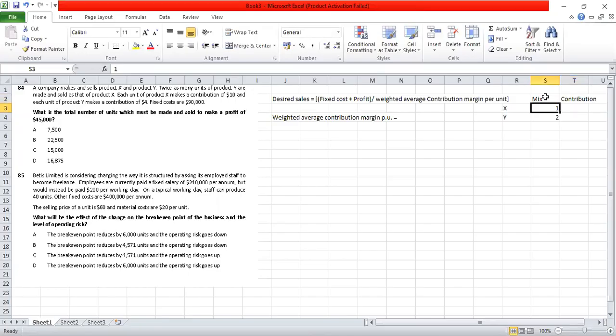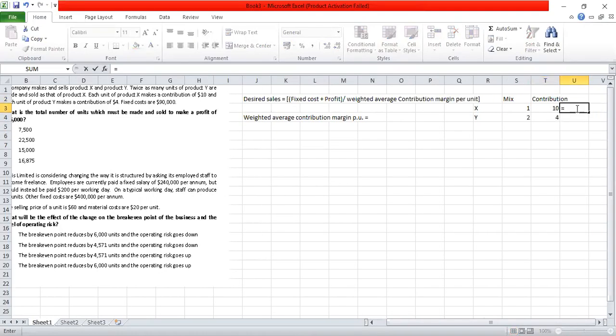The contribution for each of them is, for X it is 10, for Y it is 4. We just have to multiply these things. So here, the numerator is the weighted average contribution margin per unit.